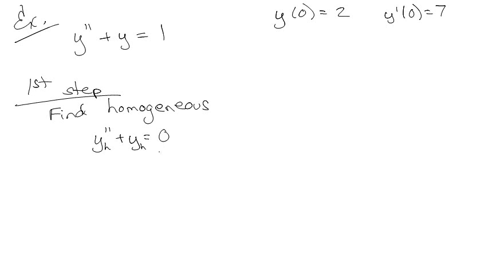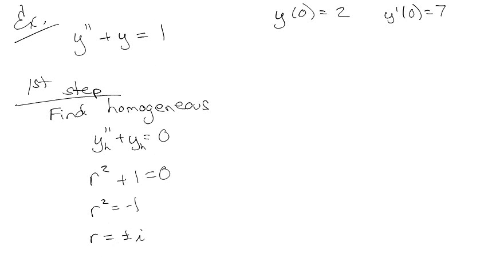Homogeneous. Since it's a constant coefficient equation, I can pull that off to be r^2 + 1 = 0. So r^2 = -1. So wait, is that right? Yes. So r = ±i.